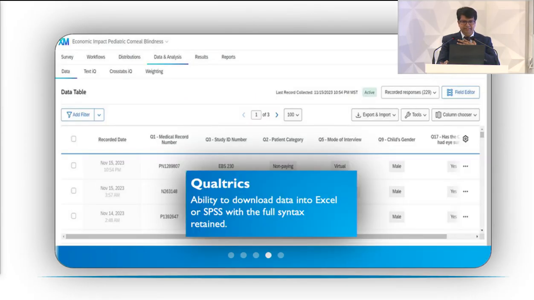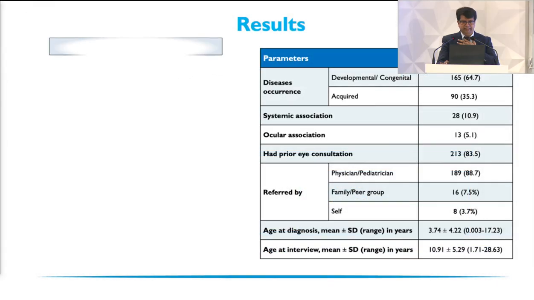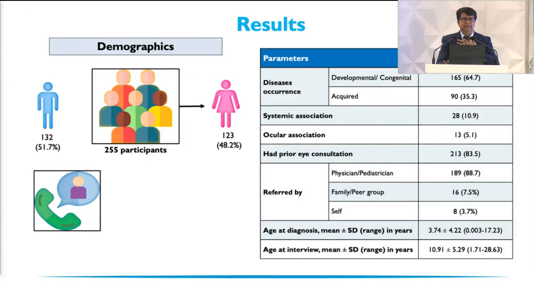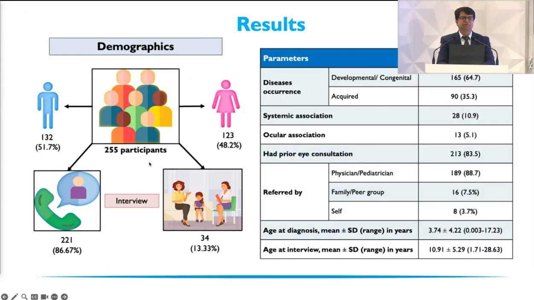What we did is we interviewed about 255 families, with a slight male preponderance, and nearly 86% over telephonic conversation. 35% of them were acquired, and the remaining were all congenital abnormality. Most of them reached us after referral, meaning 90% of them had a prior intervention or treatment or diagnosis elsewhere.